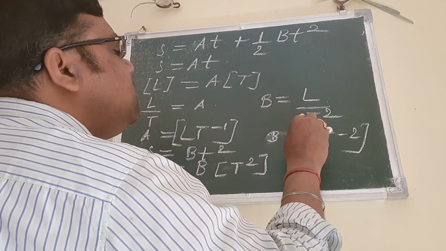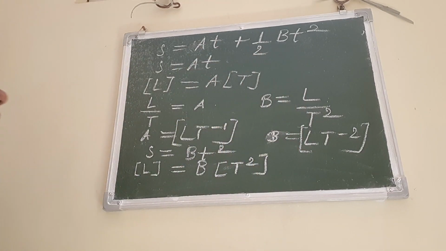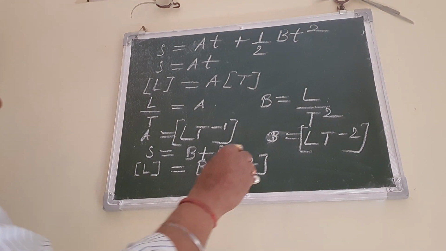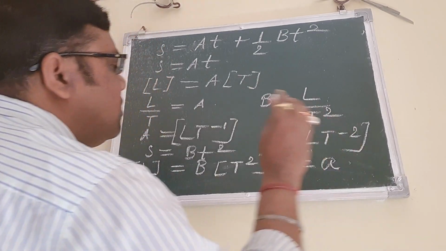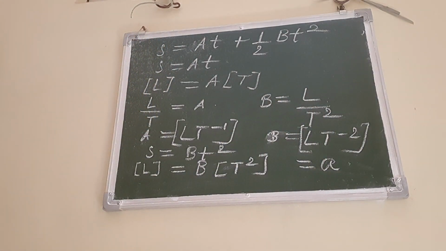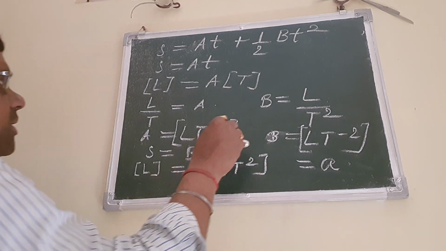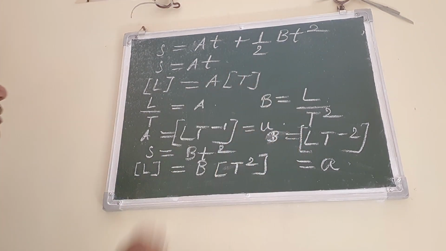This is the dimension for the constant B, that is LT raised to power minus 2. It is going to represent acceleration a. That is the physical quantity that it is going to represent. The dimension for A is LT raised to power minus 1, so it represents the velocity, the initial velocity u.